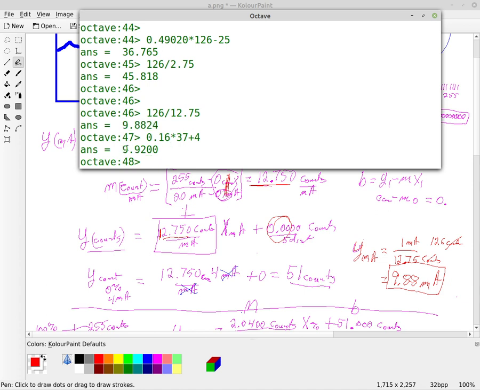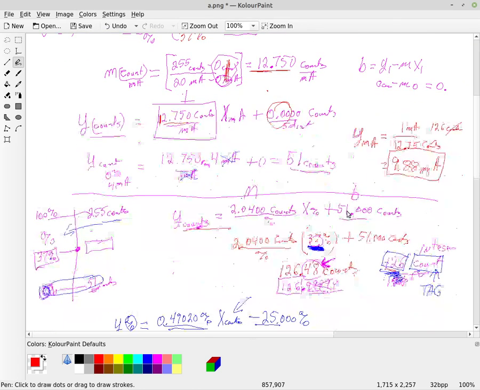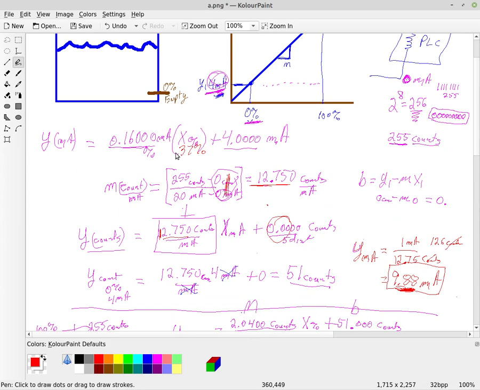And remember again, because I used the 37% here. But remember, when we did the calculation down here, our analog to digital did not round up. And so that's the difference between this calculation of 9.88 milliamperes here and this calculation using the full 37%.